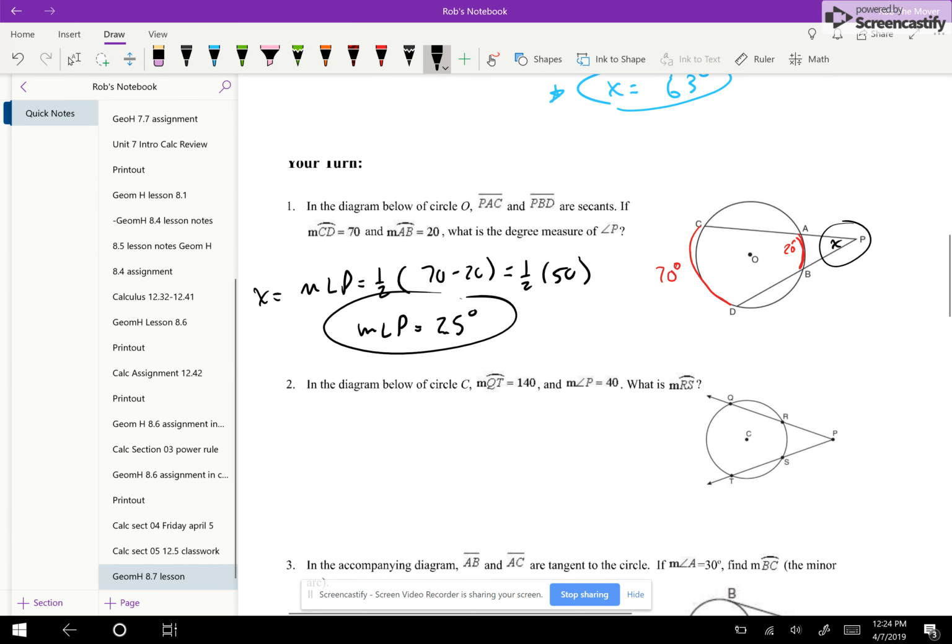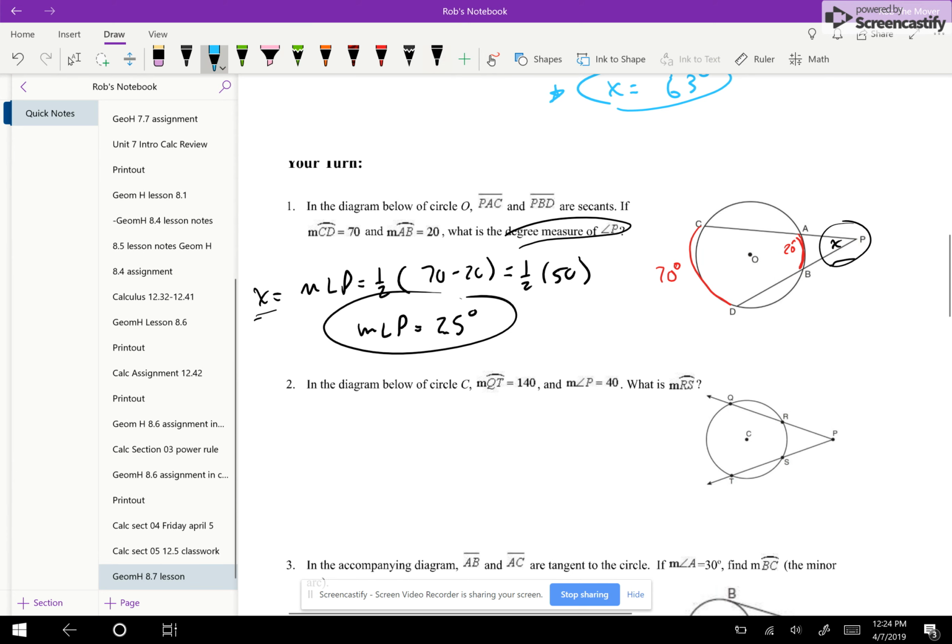Just make sure whatever you label there is the same as what it is in the diagram. Make sure you answer the question, right? A lot of you on the test had labeled some angle on the kite that was not the angle you wanted to find. And then when you got done, you didn't realize it's not even the answer to the question. It's a very common thing for students to do that. But, as honor students, you guys should be a little bit better than that.